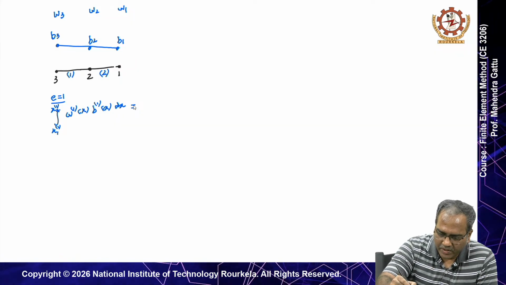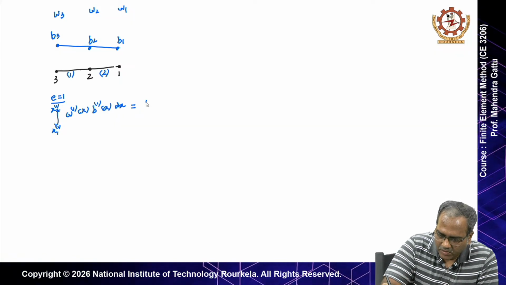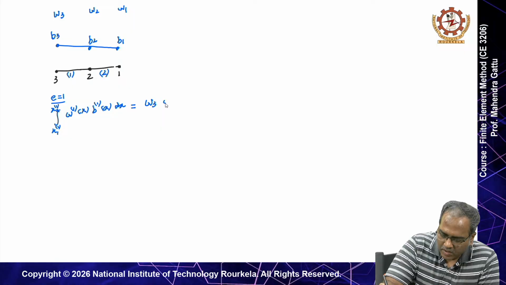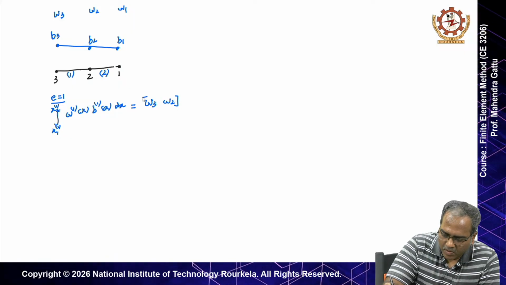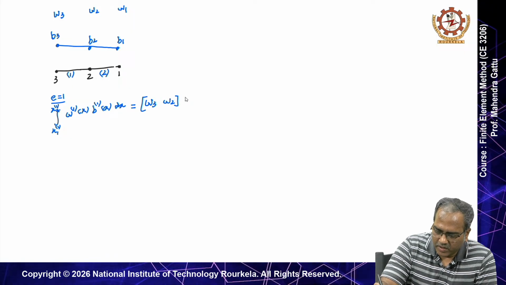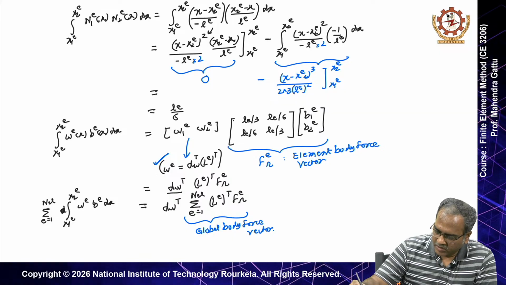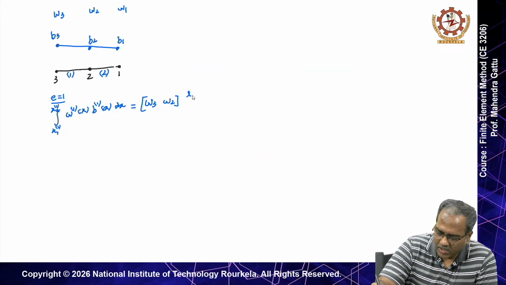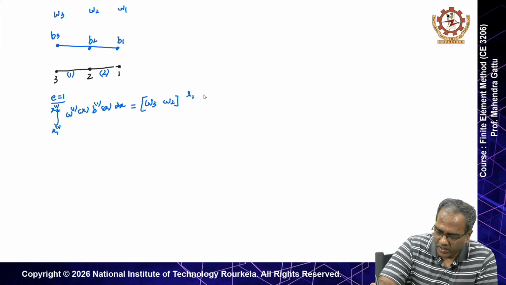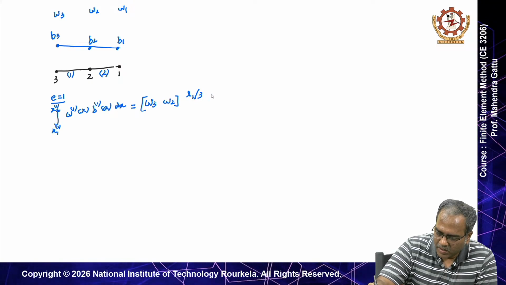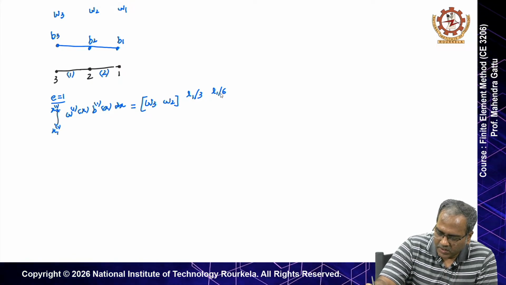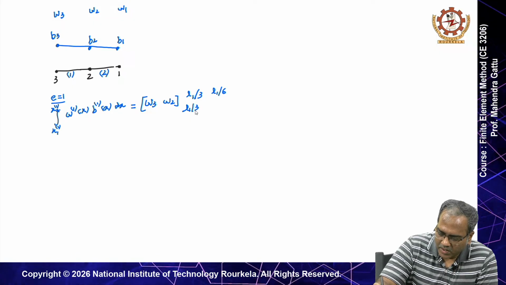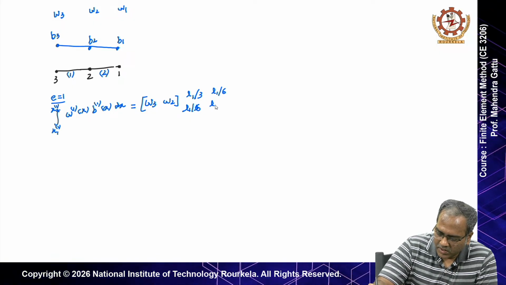So, this is element 1. So, for element 1 the matrix will be W3, W2, and then the next term will be Le by 3. So, it will be L1 by 3, L1 by 6, L1 by 6 and L1 by 3.